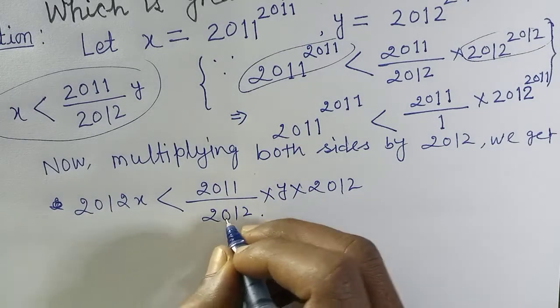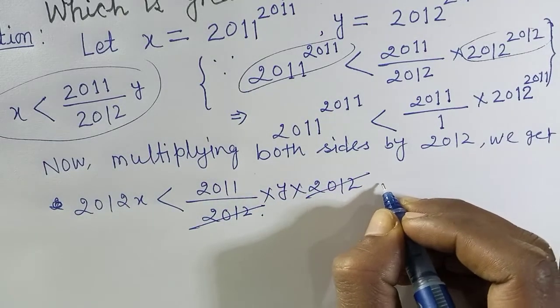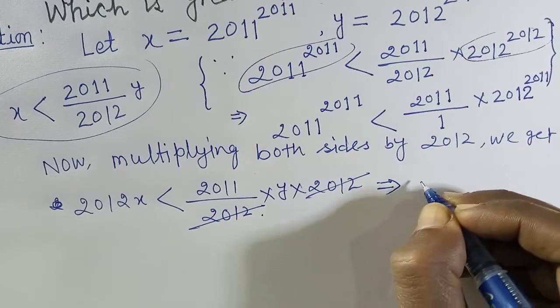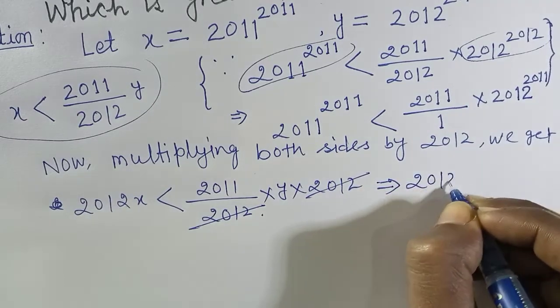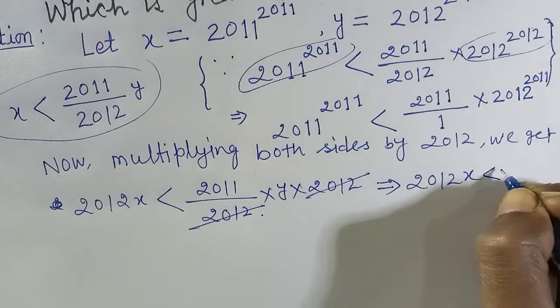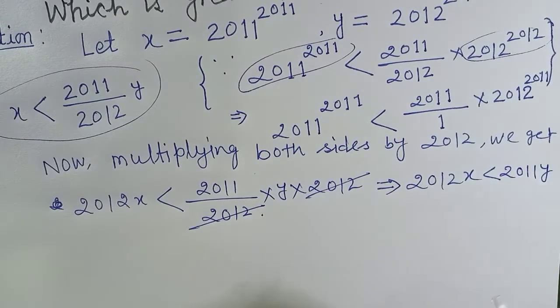So from here 2012 and 2012 will be cancelled out, and we get 2012 times x is less than 2011 times y.